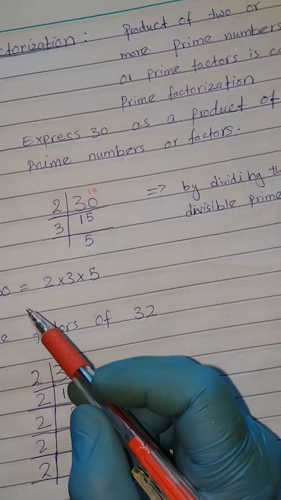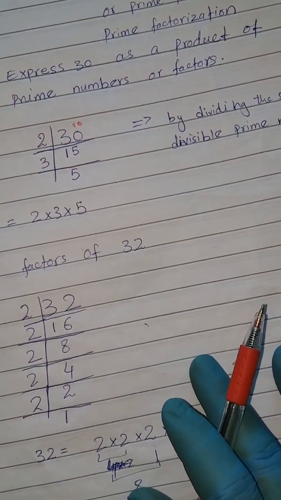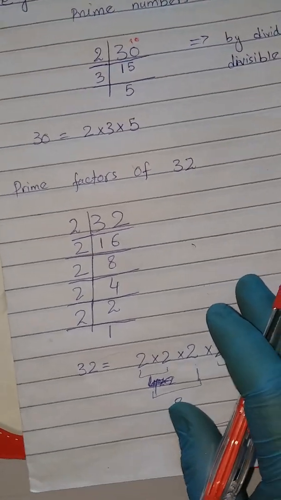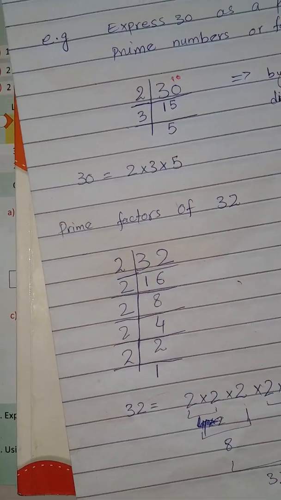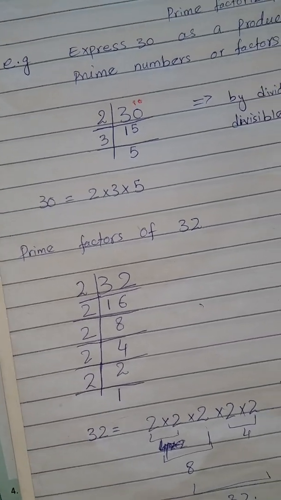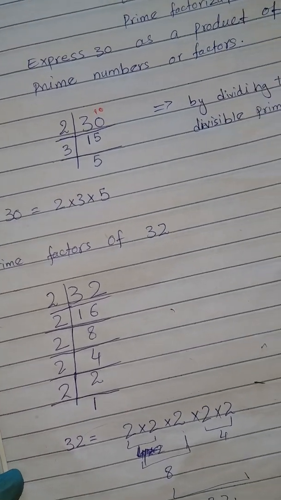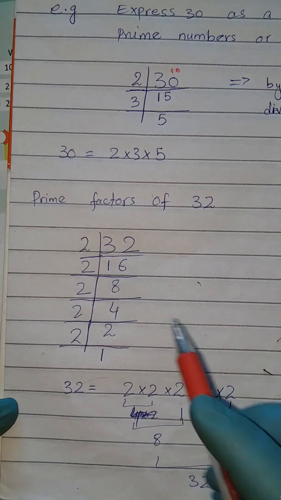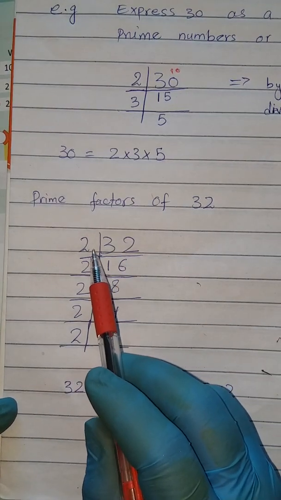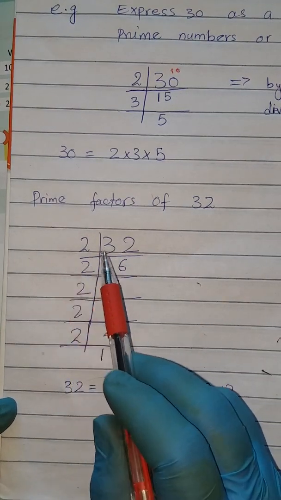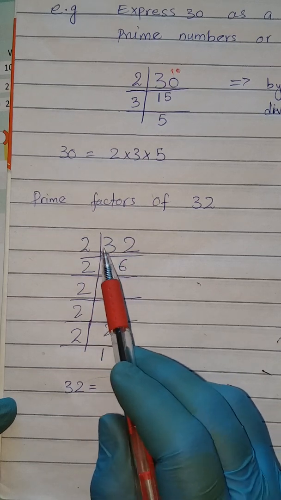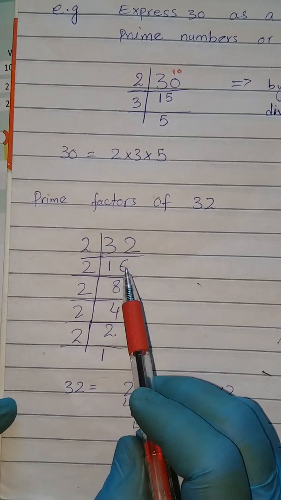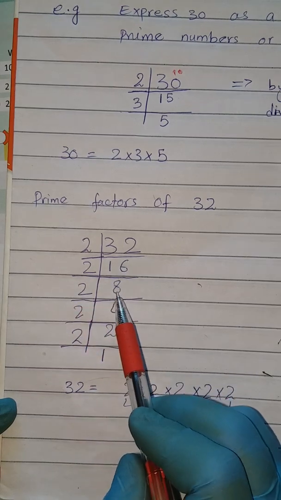Okay, grade 5. Now let's take another example, the prime factors of 32. Again I will use the division method. 2 sixteens are 32. Again we will divide 16 by 2, 2 eights are 16.